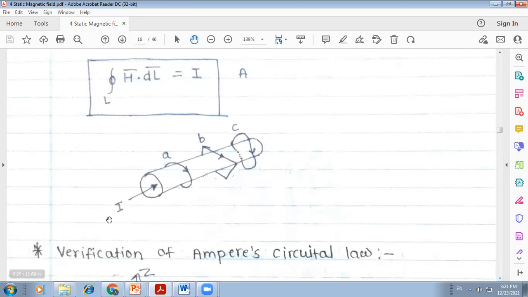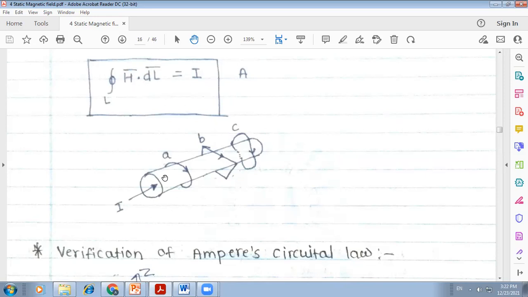Now here we are considering one conductor through which the current I is flowing, and at that time you can consider different closed paths. The current flowing is equal to the closed line integral of H bar dot dl bar.